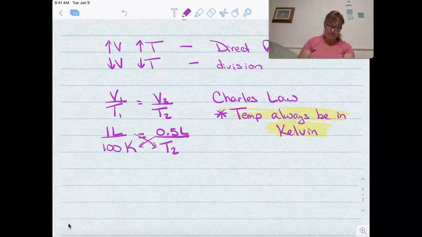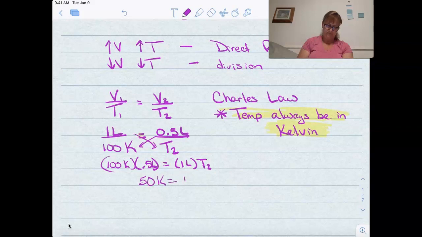So what this equals is 100 Kelvin times 0.5 liters equals 1 liter times the secondary temperature, or just 50 Kelvin.